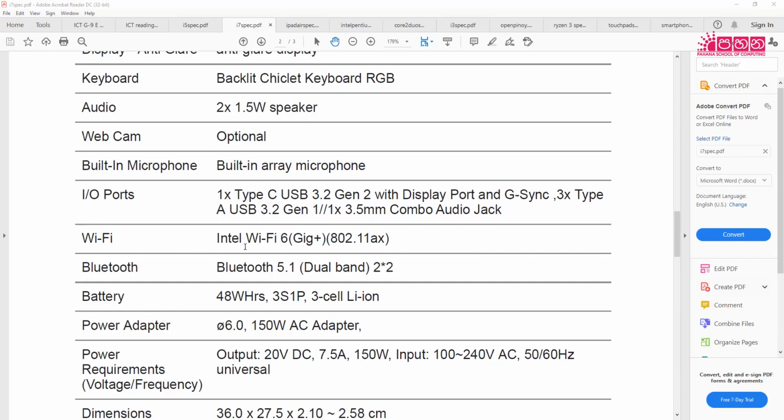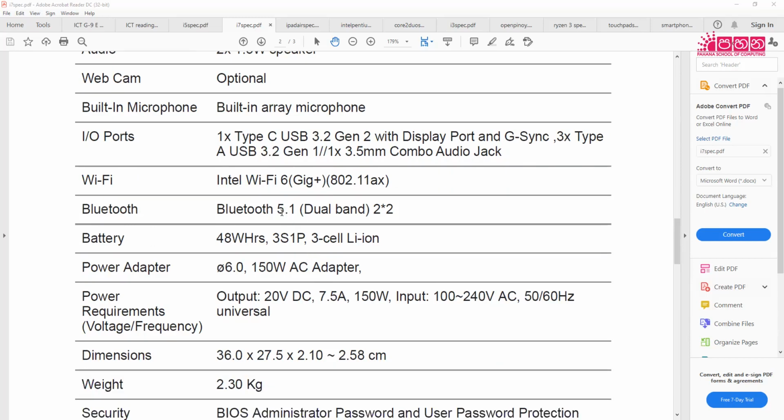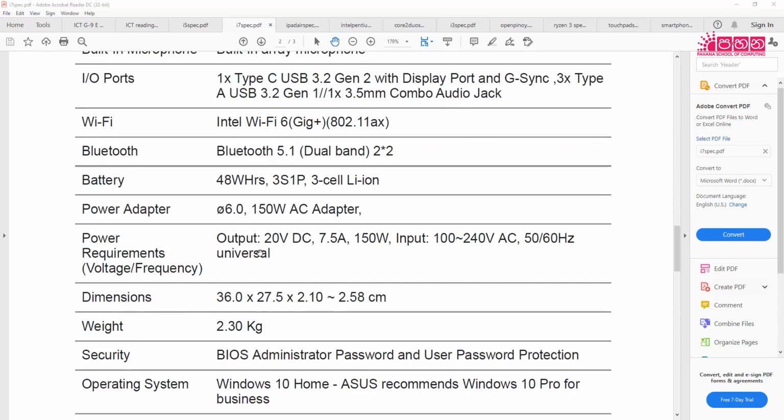Then Wi-Fi, so it supports Wi-Fi and Bluetooth both, Wi-Fi 6. Again, even in Wi-Fi you have different versions. Bluetooth 5.1, and then battery capacity, 48 watt hours, power adapter, power requirement, the size, dimension, right?